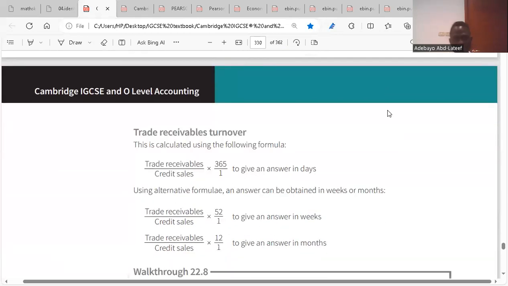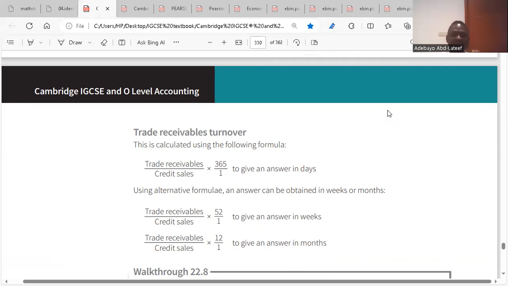For inventory turnover, it is your inventory. For trade receivable turnover, what is trade receivable? Our credit customers. So we're talking about our credit turnover. It will be the total amount owed by credit customers divided by the credit sales multiplied by 365 days. I think it's clear.